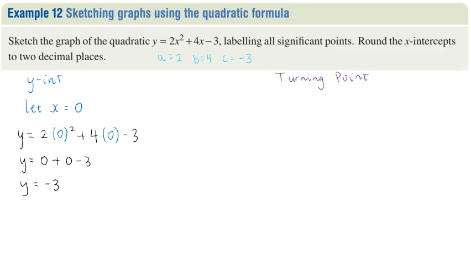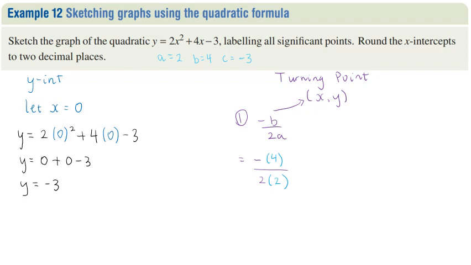Then to find the turning point, it's at the coordinate x, y. The first step, to find the x coordinate, I use the formula minus b over 2a. So I've got minus, and in this case b was 4, over 2, and a is 2.